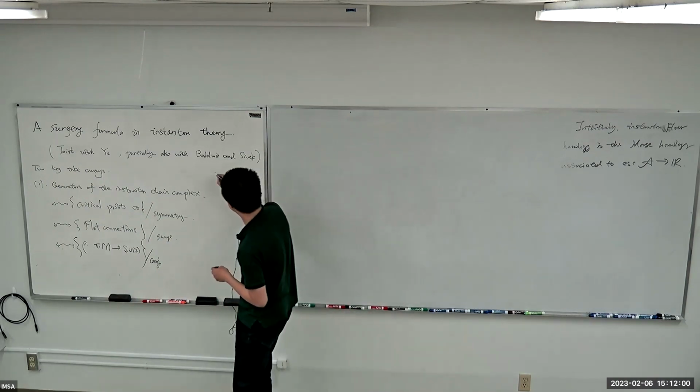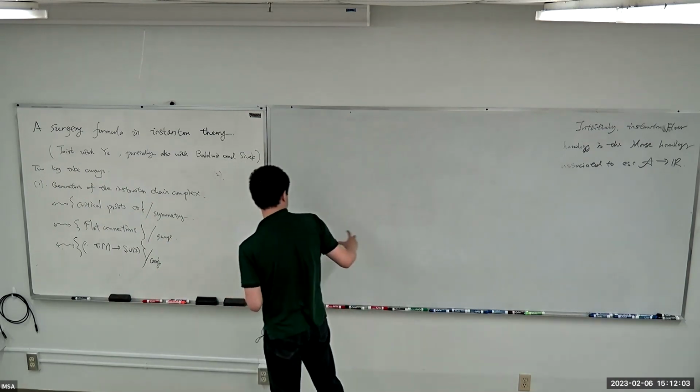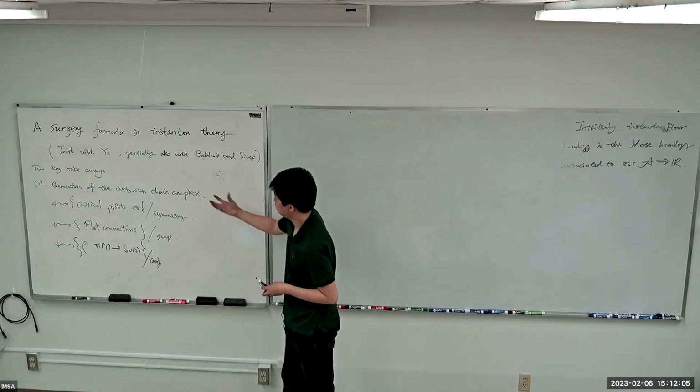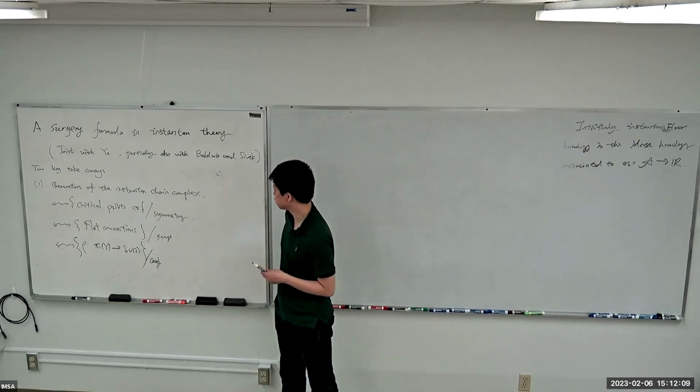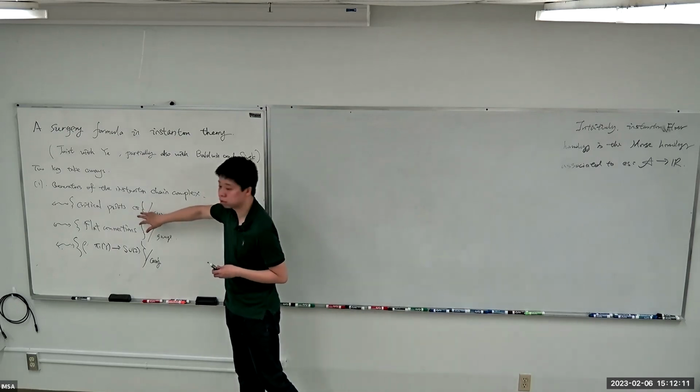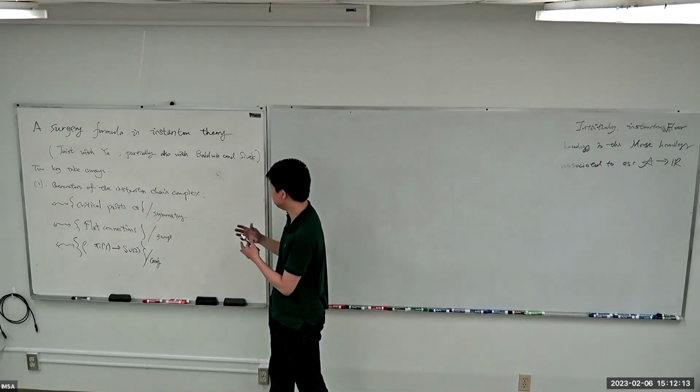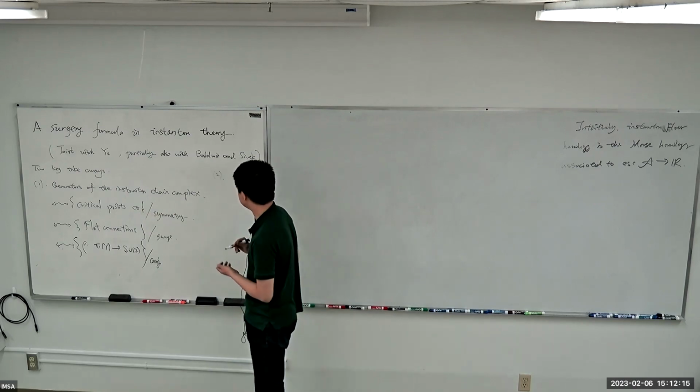And the second thing is that this Instanton Floer homology is constructed by solving a set of differential equations, so we need to understand the critical points of the Chern-Simons functional, or how to understand the negative flow lines.